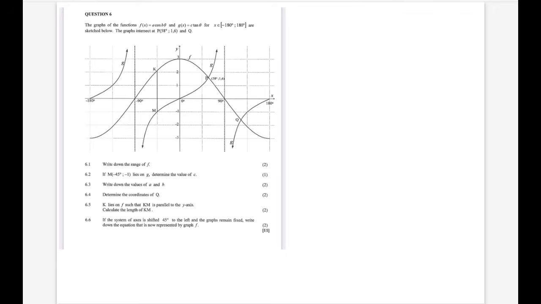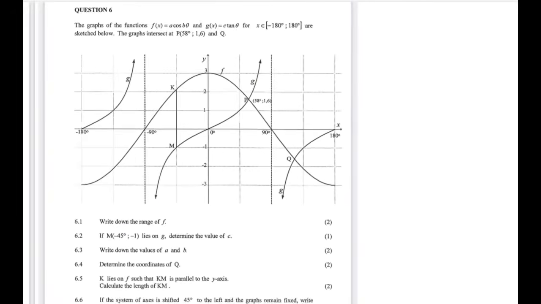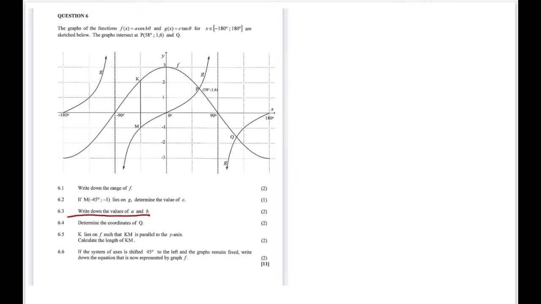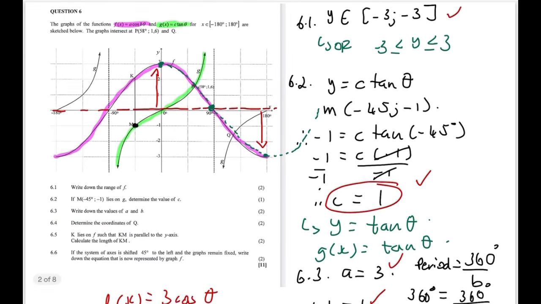determine the coordinates of Q. That's 6.4. Now, I love this question because it brings up a point that I couldn't mention in the previous video unless we had an example like this. And this is a point about how all these graphs are just patterns that keep repeating themselves.